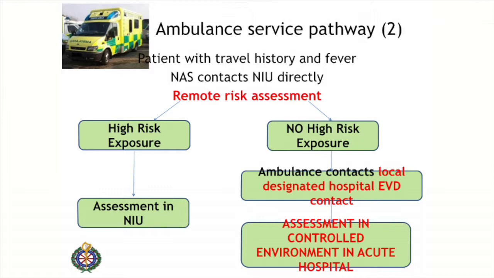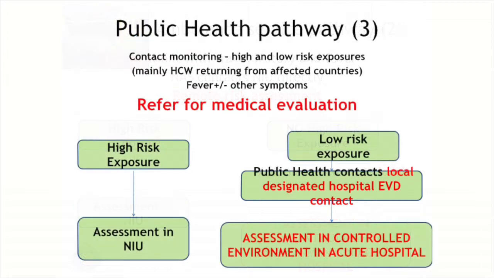At that stage, if it has been determined that it's a high-risk exposure, the National Ambulance Service can direct that person directly to the NIU. If it has been determined that there isn't a high-risk exposure, the ambulance then contacts again the important person, the local designated hospital EVD contact, and again you can have assessment in a controlled environment in the acute hospital setting.